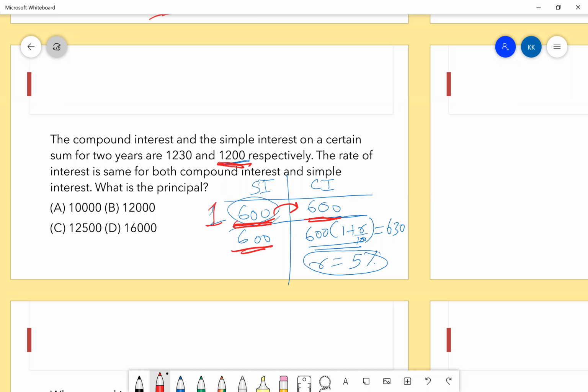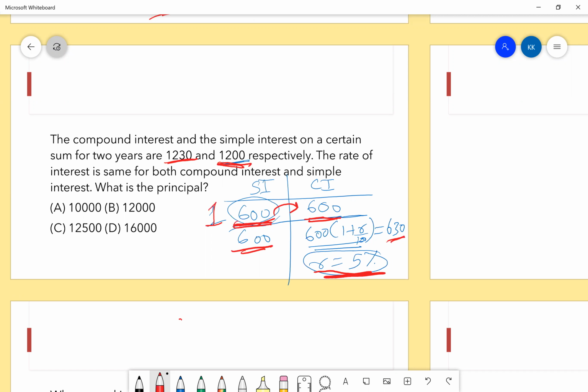Now, as I said, the compound interest gives an interest of its own. That means the second year's compound interest would be 600 into 1 plus R by 100, which according to the question, if we subtract 600 from here, will be 630. From here, I calculate R and I get it as 5%.